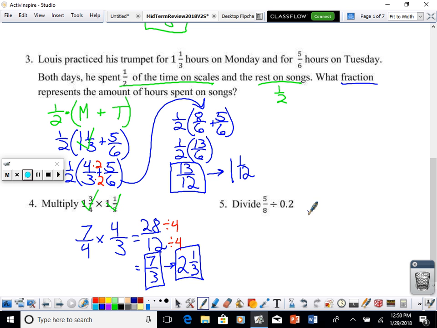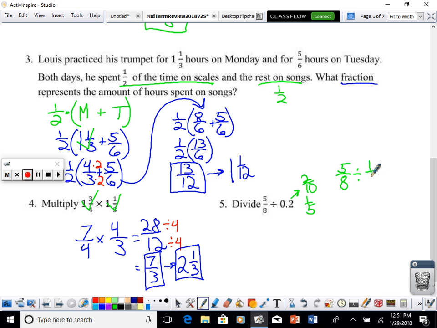I can do 5/8 divided by 1/5. Well, the way we divide fractions is we multiply by the reciprocal. So I would keep 5/8 and I would multiply that by 5/1. Multiply straight across and I have 25/8.